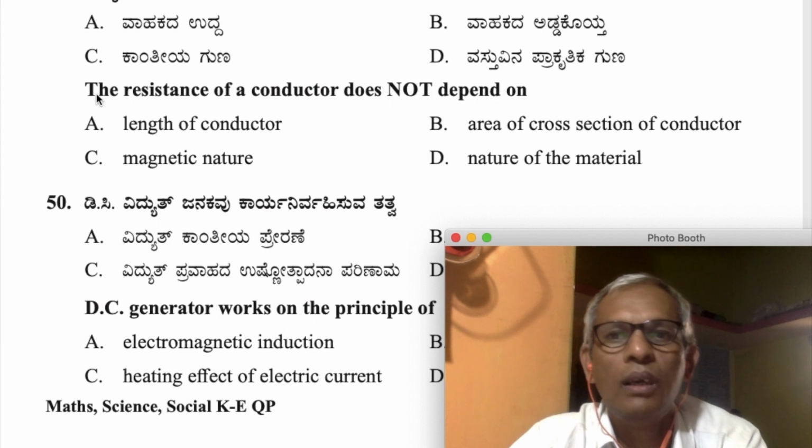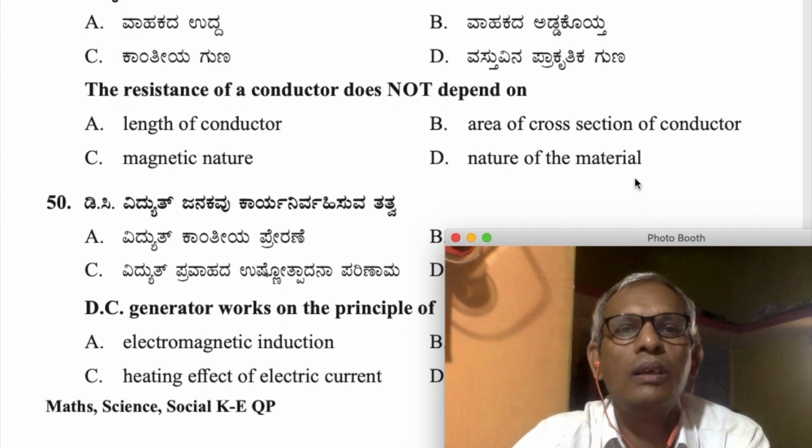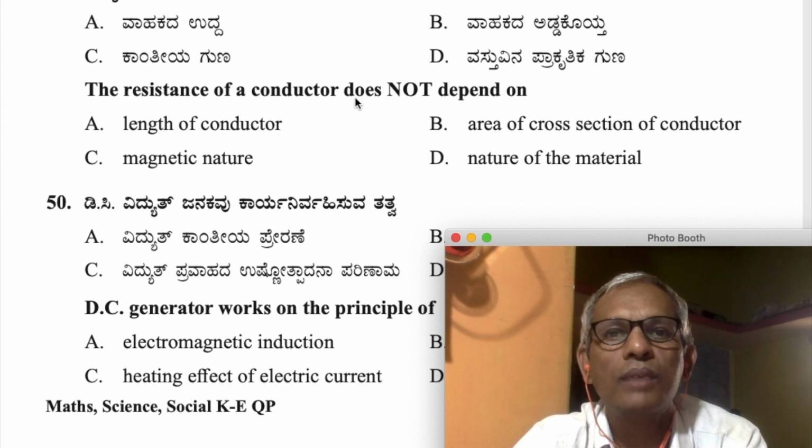Question 49. The resistance of a conductor does not depend on: length of the conductor, area of cross section of the conductor, magnetic nature, nature of material. The resistance depends on the length of the conductor, so that is not the answer.